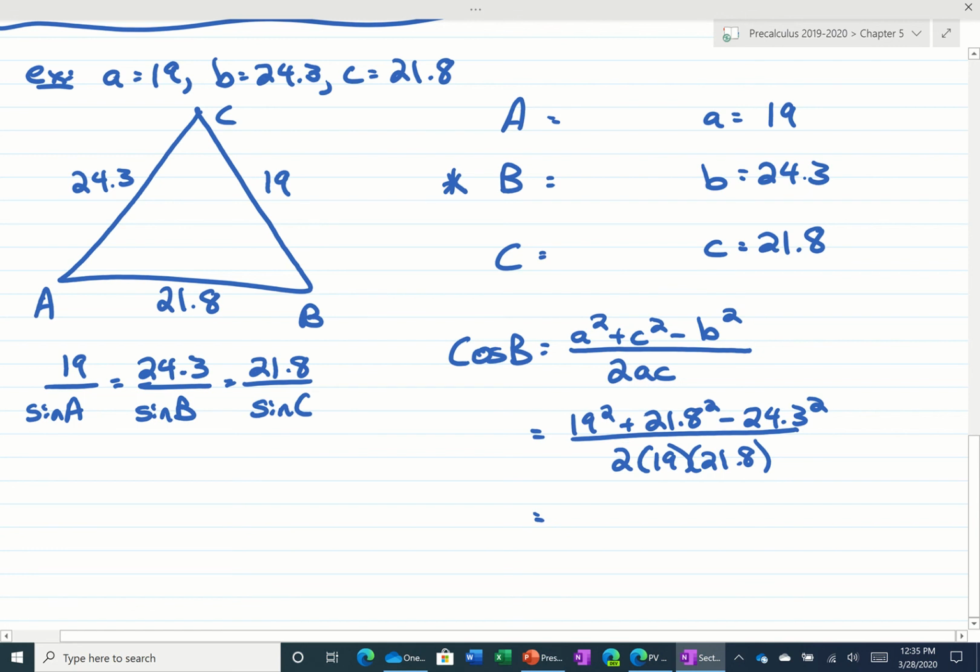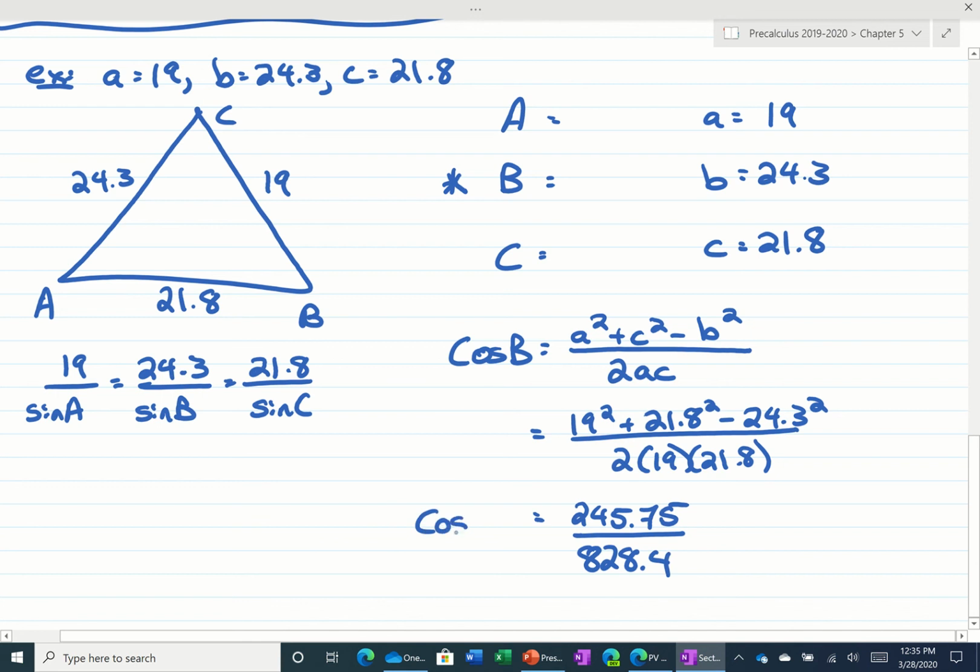And if we type that in, I always do the top first and the bottom second. So 19 squared plus 21.8 squared minus 24.3 squared is 245.75. Divided by 2 times 19 times 21.8 is 828.4.